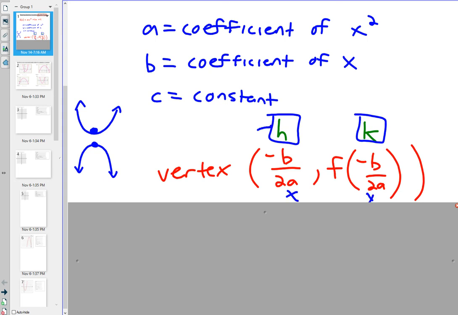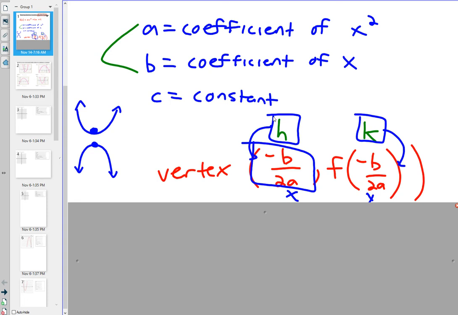Let's call the x of the vertex H. And let's call the y of the vertex K. So the way that we find H is by using this formula here. Negative b over 2a. You saw something similar with the negative b part in the quadratic formula. Negative b over 2a. Change the sign of the b and then divide by 2a. Where do you get those numbers from? From here.